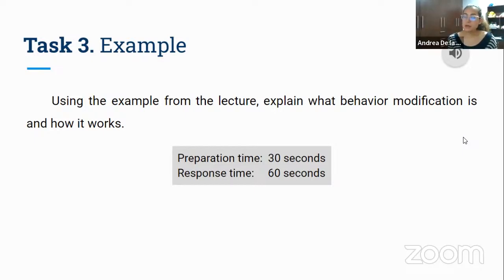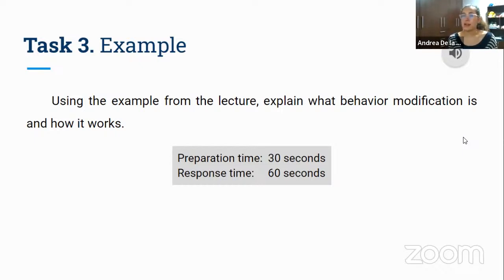Now it's interesting because they are not asking you to summarize. They don't want you to just summarize. They want you to explain the concept, to explain what behavior modification is, but not just with the definition. You need to explain the concept with the example from the lecture.